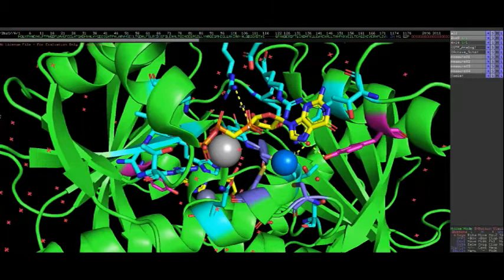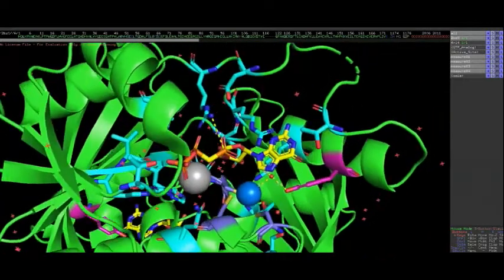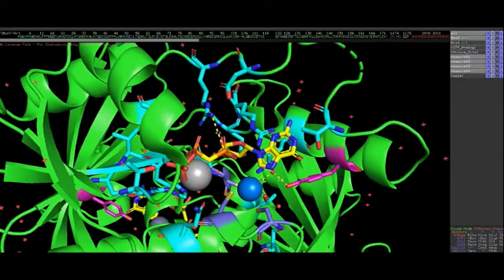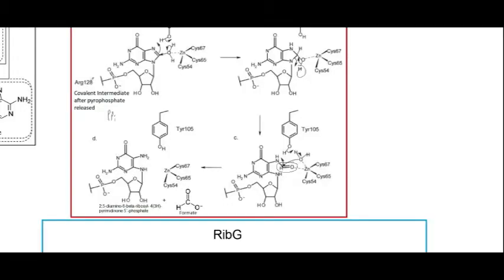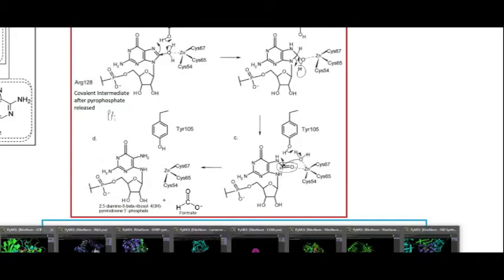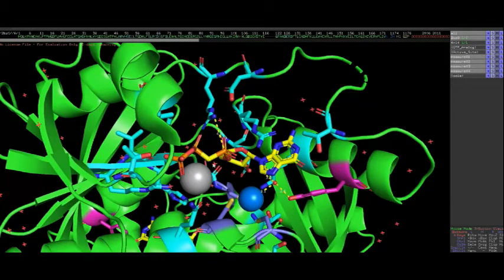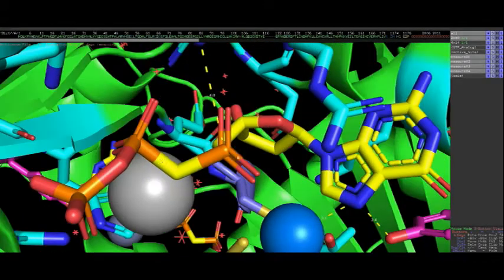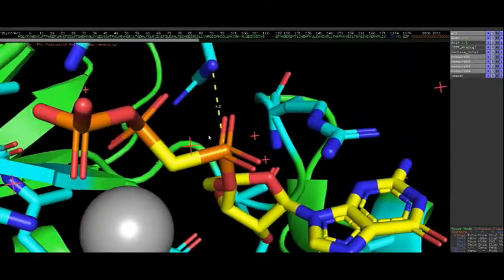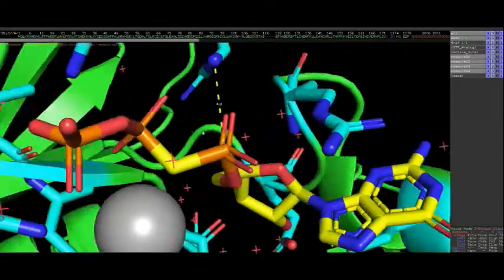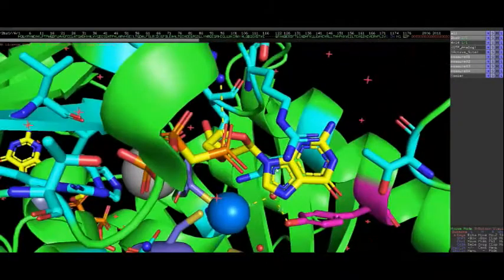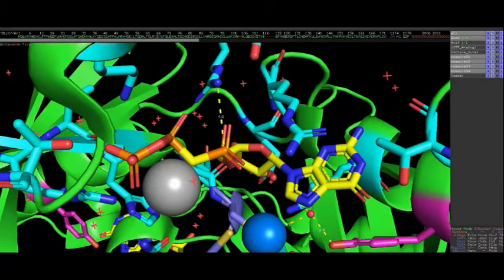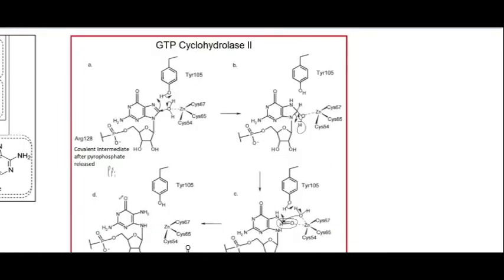We have up here an arginine, and that would be the arginine 128 here. If this didn't have that carbon in the middle, if this were a phosphate, it would have bound to this phosphate here and kicked the rest of this off, creating that covalent intermediate. Yeah, and so that is the structure and mechanism of the GTP cyclohydrolase 2.